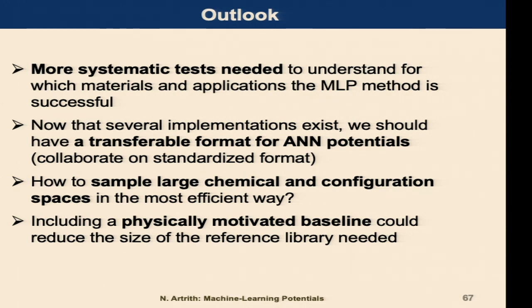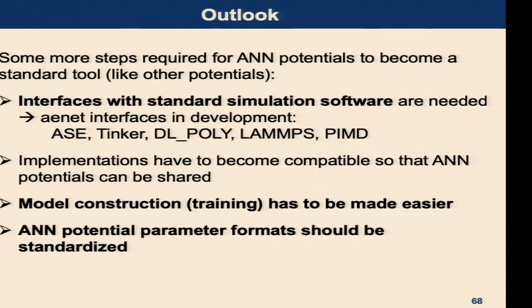But there are so many groups and many codes. We should make it a standard format for people who would like to use it. And for larger chemical and configurational space, it should be easy to use. And maybe we could also introduce some kind of physics into the neural network way to use.